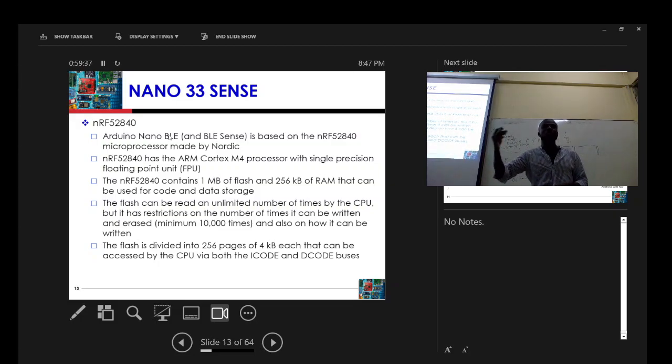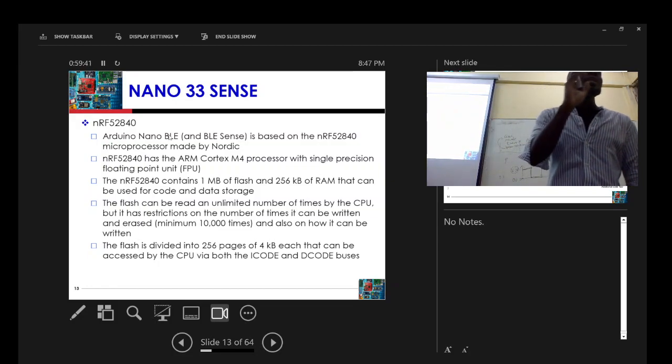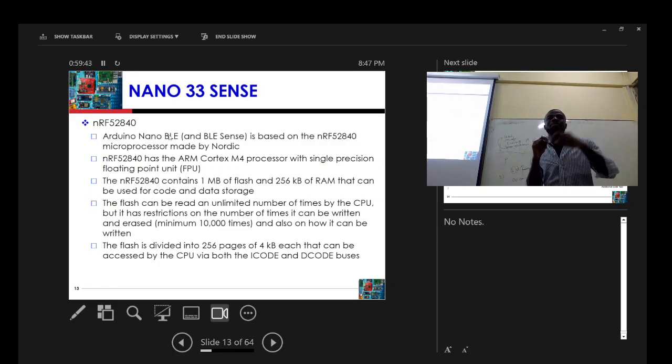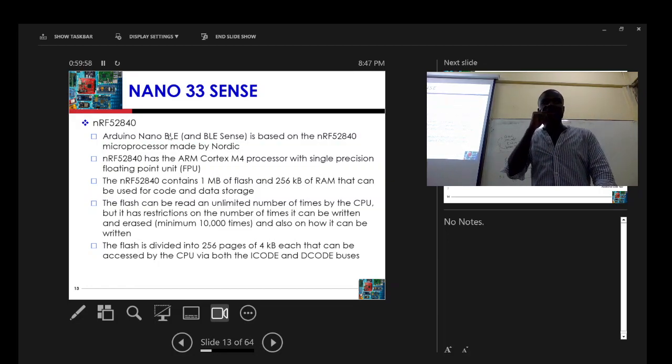Fetch instruction, decode. But what is important is that it can only do one operation at a time. So it can only fetch an addition at a time, or a subtraction, or an AND, or an XOR. Understood?